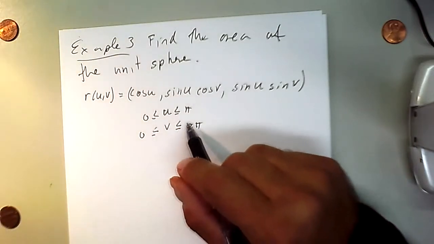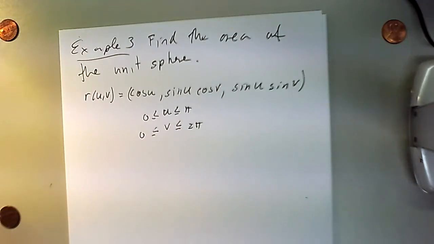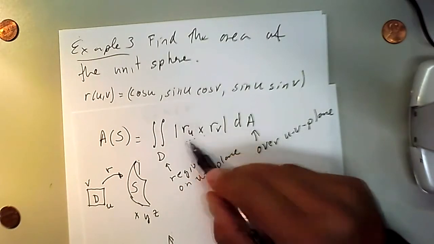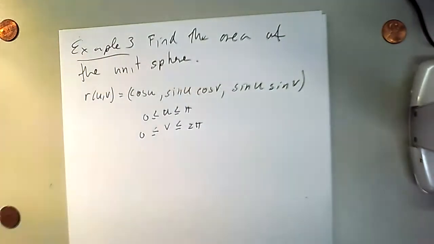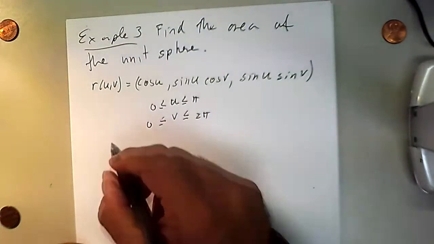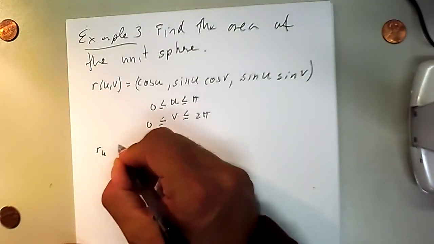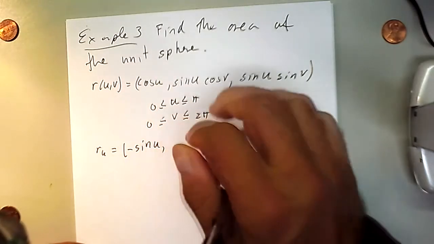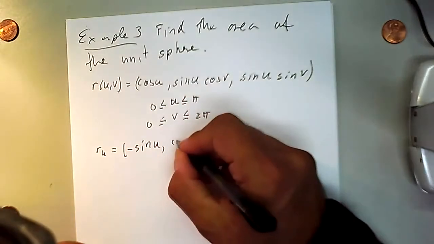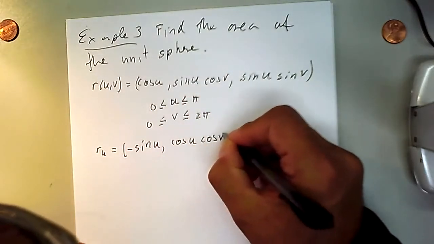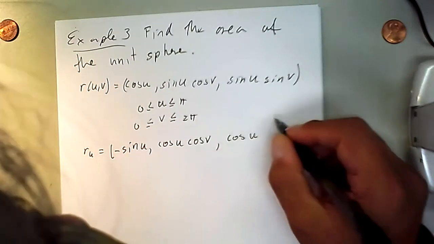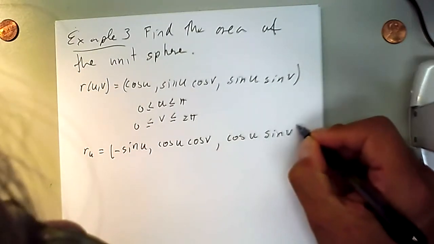Okay, the formula that I just gave is here. So we need to find r sub u, r sub v, cross them, take the magnitude, before we can even start the integral. So there's a process involved. Let's find r sub u. The derivative of cosine u is negative sine of u, comma, derivative of sine u is cosine of u, keep the cosine of v because that is constant with respect to u, comma, cosine of u, and keep the sine of v.